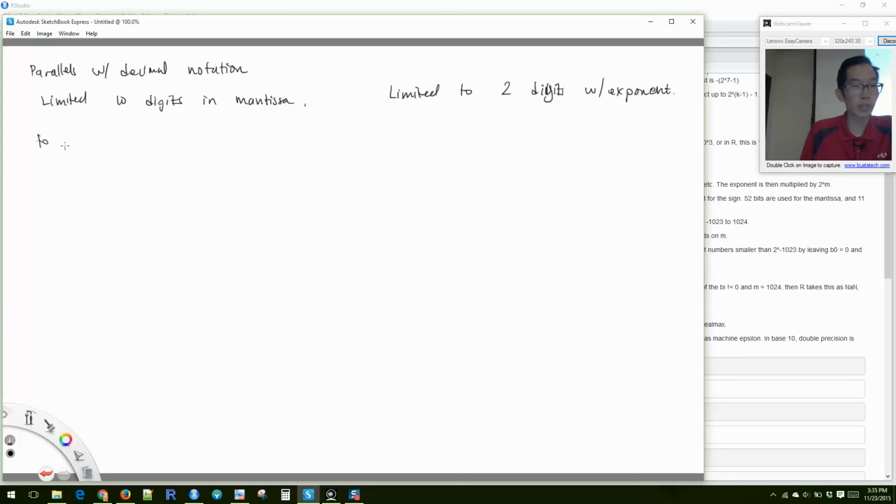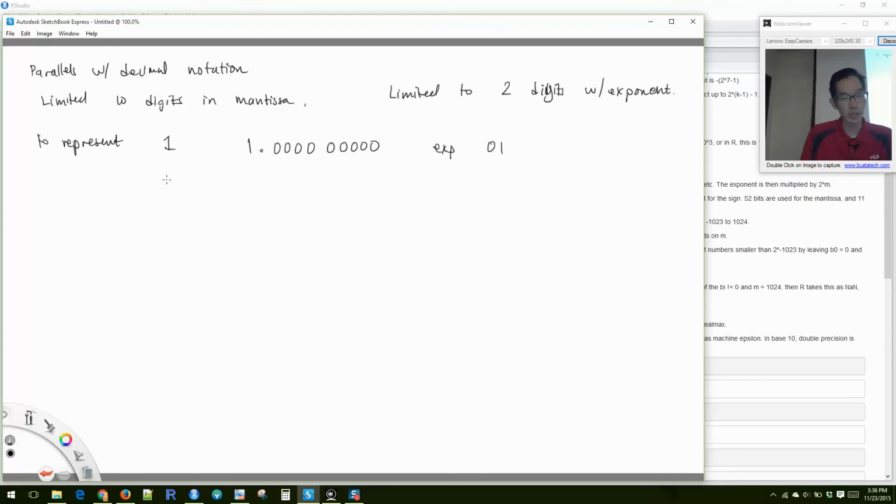To represent the value 1, you would have 1 followed by nine zeros for the 10 digits, and then the exponent would be 0, 1 in the two digits.